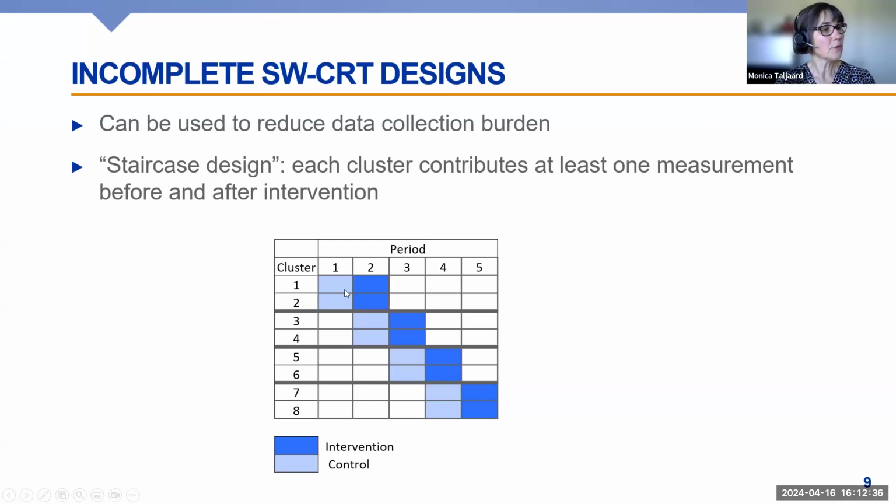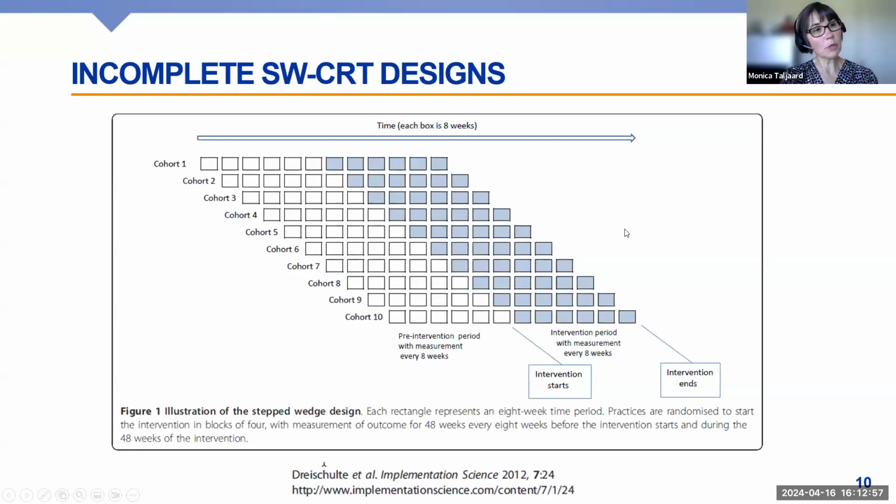And the variation where each cluster contributes measurements immediately before and after the intervention is introduced, those are called staircase designs. So there could be, in the one extreme, just one period before and after, as I show in this diagram, or there could be more periods before and after. So these are called incomplete stepped wedge designs, also known as staircase designs.